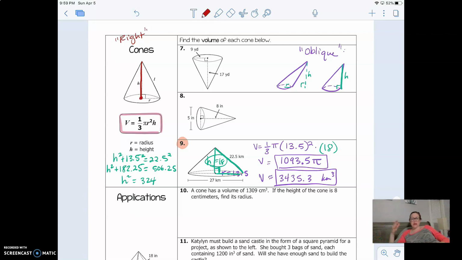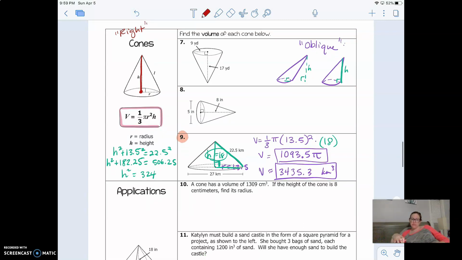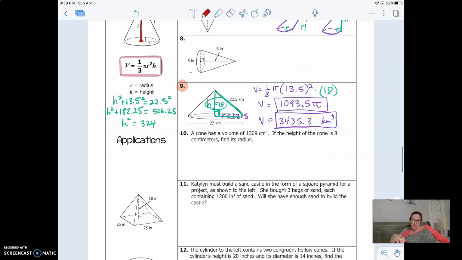Whereas in an oblique cone, the height could be outside of the circle, could be inside but not at the center, or it could be exactly on the circumference of the base, but just not at the center. So that's oblique. Don't be scared by those. Same formula, same process.